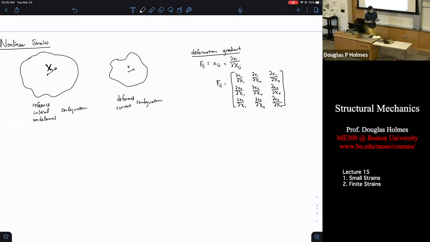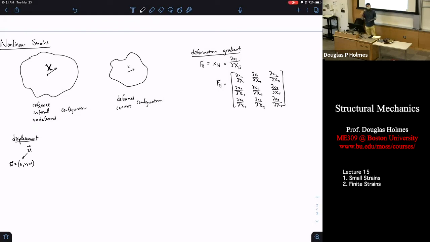Okay, so we've got this deformed configuration, we've got this reference configuration, initial configuration. A displacement of my material point is going to be the difference in x and big X. So that means I can write displacement as my displacement vector U. This is going to be a vector that will include U, V, and W. So it's kind of got all of them wrapped in there.